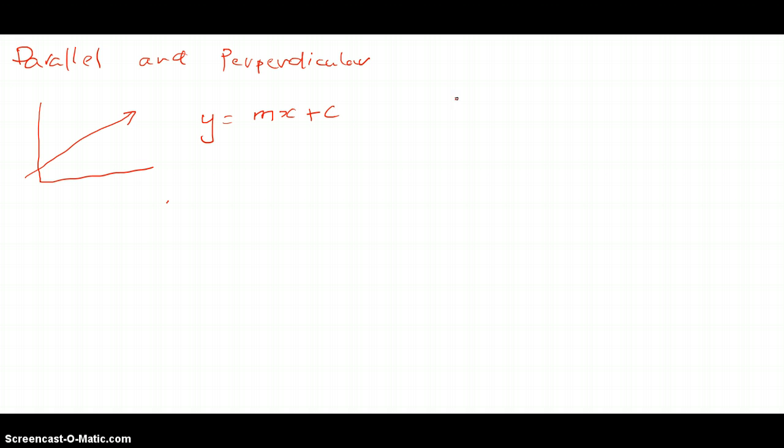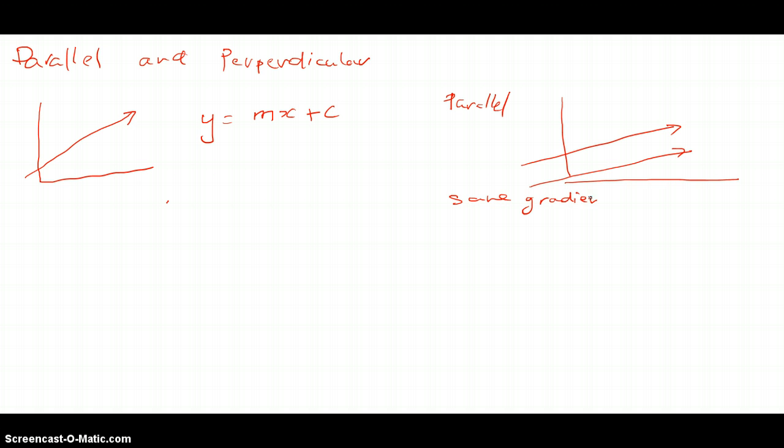Now for parallel lines, parallel lines are defined as two lines which have the same gradient.